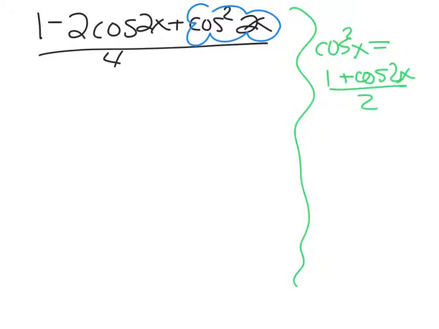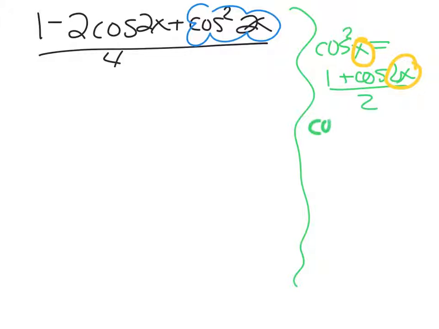So kind of similar to what we did earlier. Okay, if there's a 2x here and there's an x here, you're looking at the relationship. If this is x, this is 2x. If this was 2x, this would be 4x. If this is 3x, this would be 6x. This is double.